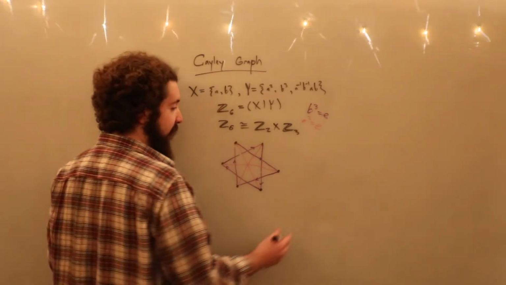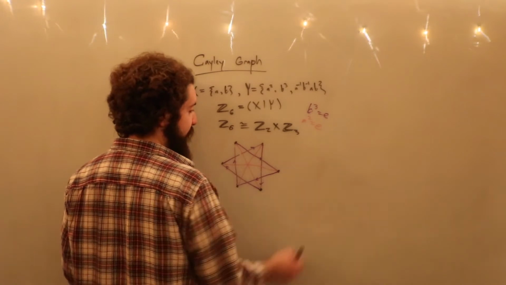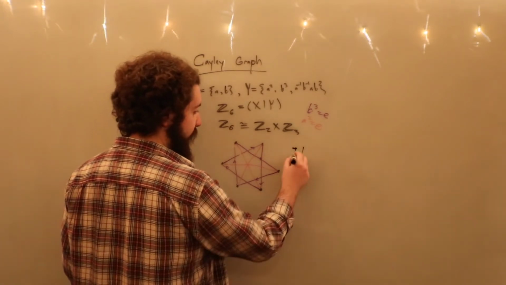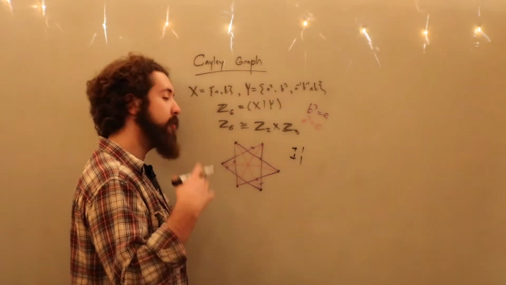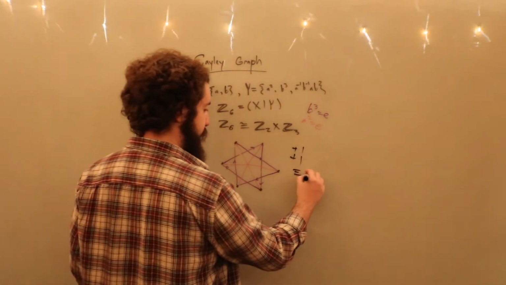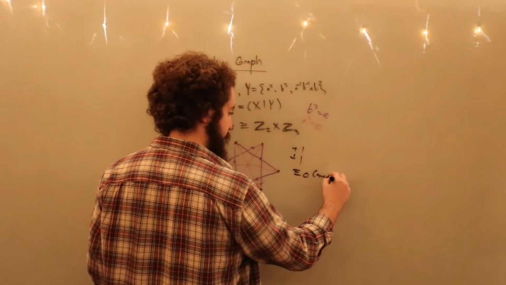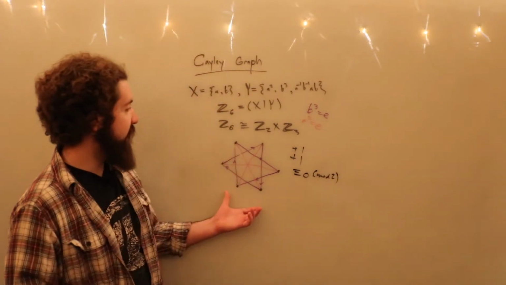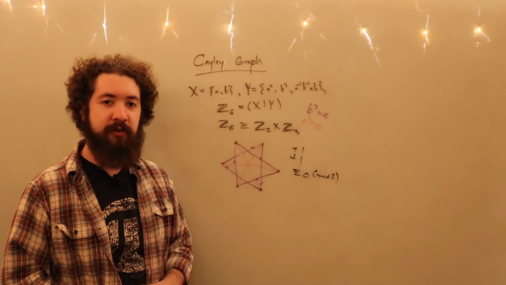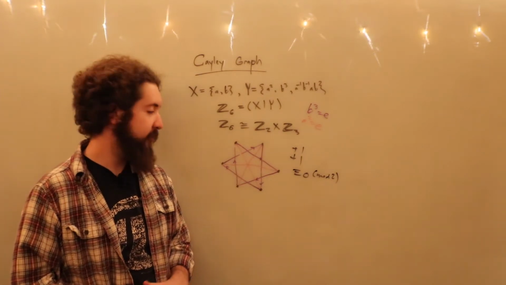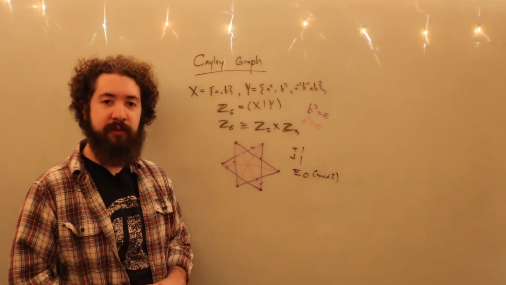Or in additive notation, this would be the same as adding 1 and then adding 1 again, which is mod 2 congruent to 0. So you can visually see how Z6 here is isomorphic to the direct product of Z2 and Z3. You can see already how valuable this tool is.